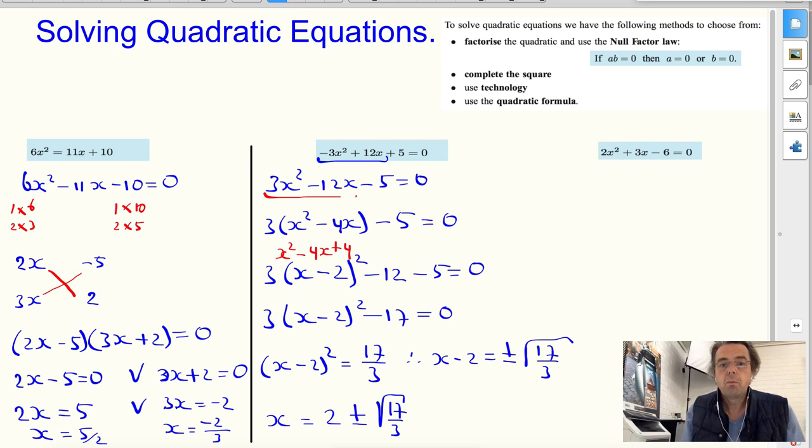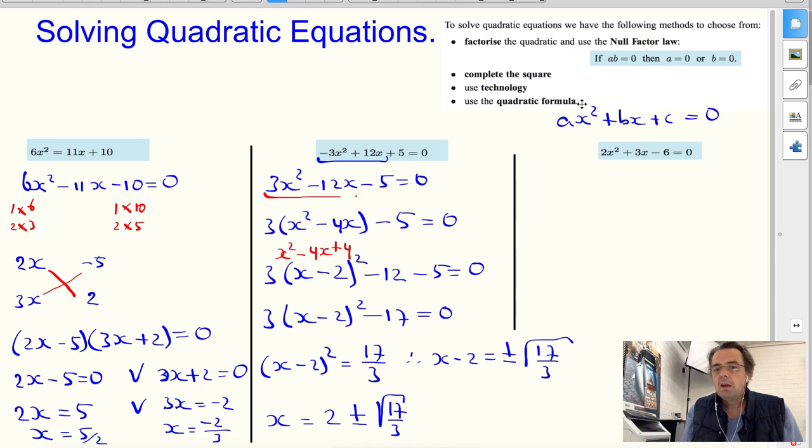It's tricky. Or at least I find it tricky. The last one is a lot easier, I hope. It's this one here, and we're going to use the quadratic formula. Now the quadratic formula, you know, if you would have this one, ax squared plus bx plus c equals 0, and you would solve this one by completing the square, and you can do that, what you get is the quadratic formula.